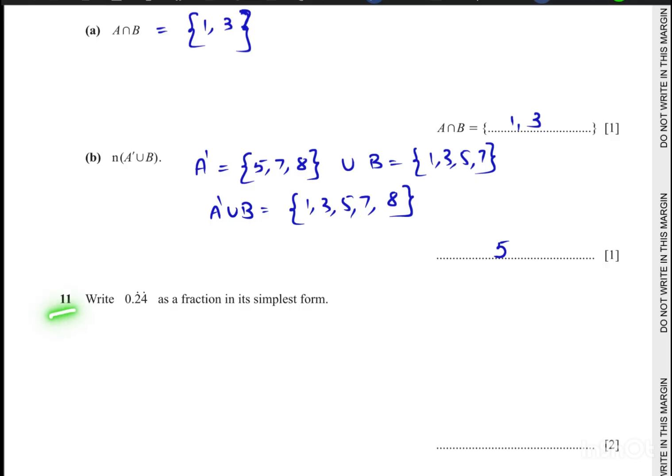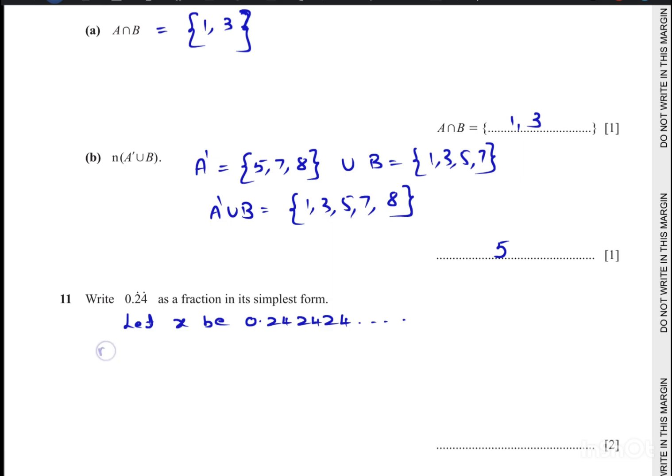Question number 11. Write 0.24 repeated, 0.2424..., as a fraction in its simplest form. Let x be 0.242424, and so on.